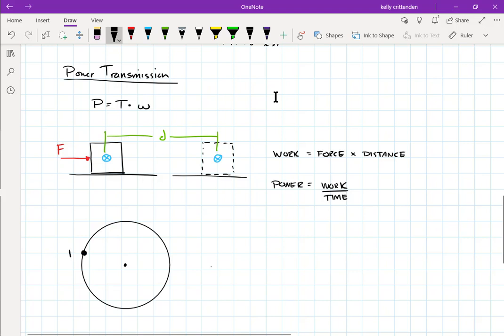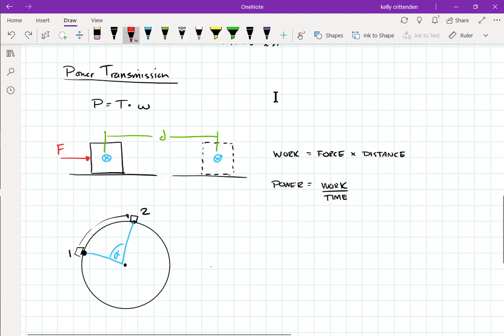Some point 1, and maybe we can think about our box sitting right there, and I want to move it over here, position 2. So the distance I'm moving is an angle. We'll call it alpha. So I'm going to apply a force to the box.